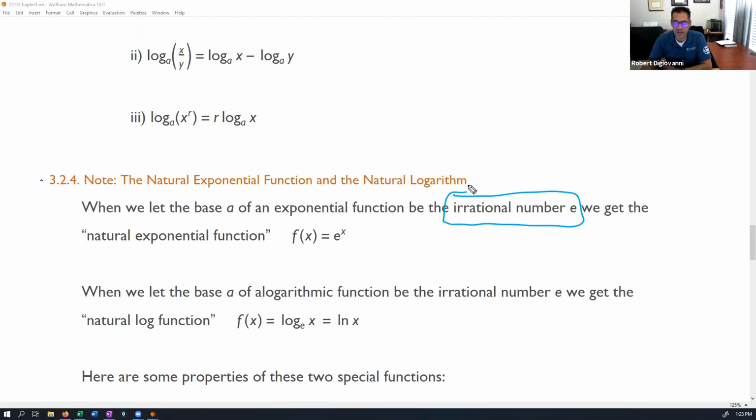E is like the number pi. It's an actual number, but we use a letter to represent it. E is approximately 2.718. And so if we use that base here, we get e to the x, which I know you saw in college algebra. And this one specific exponential function is called the natural exponential function.